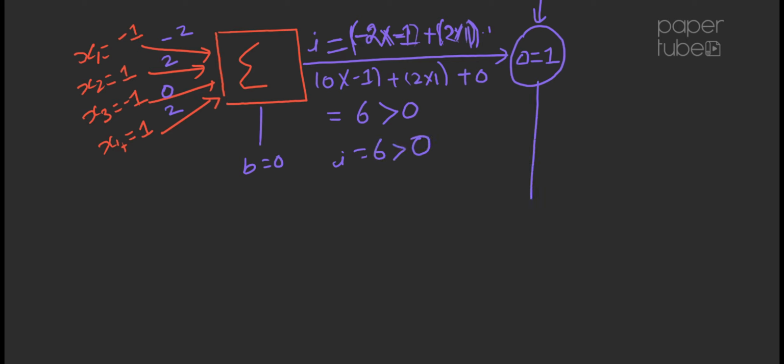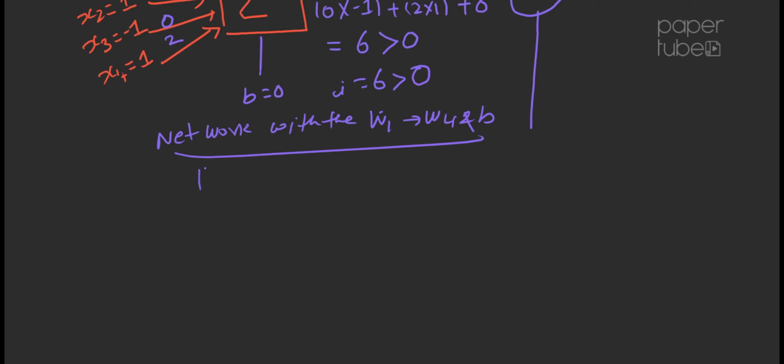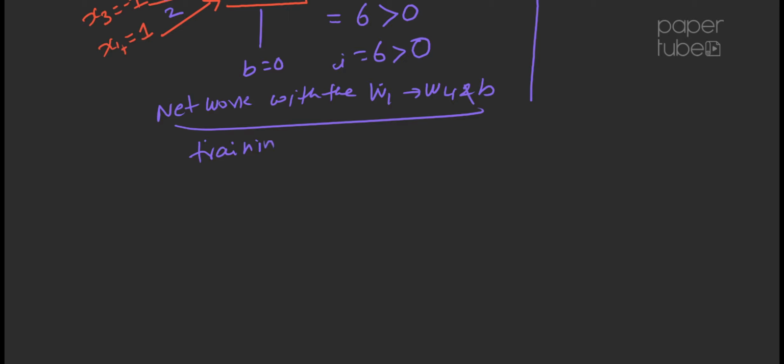Which means the network with the calculated weights, which range from W1 to W4, and the bias, predicts the target values for the given inputs in the actual data set, which we can call the training data set, and the ones for the given input in the testing data set.